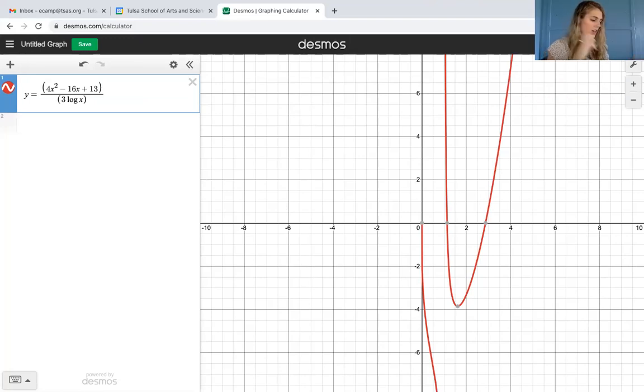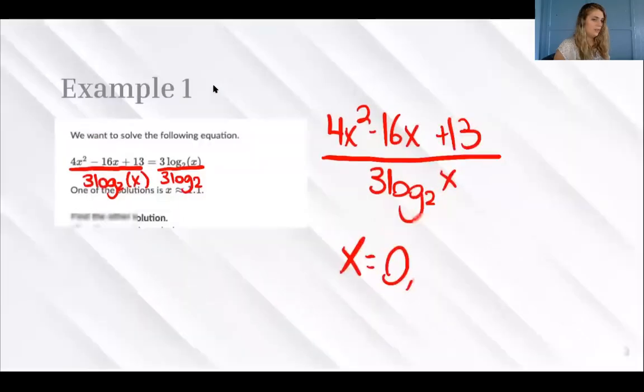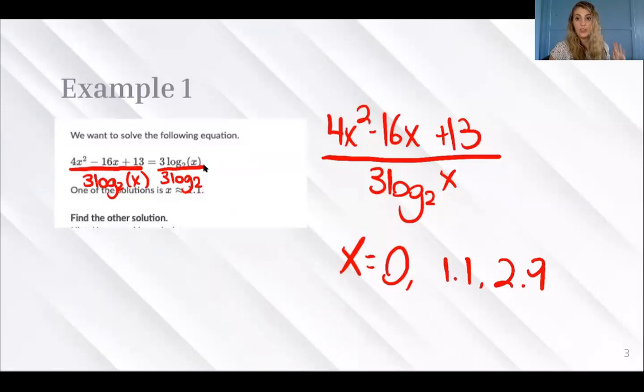So I'm going to go back here. That tells me that my x's are 0. Oh no, 1.1 and 2.9. So we let Desmos do the work for us.